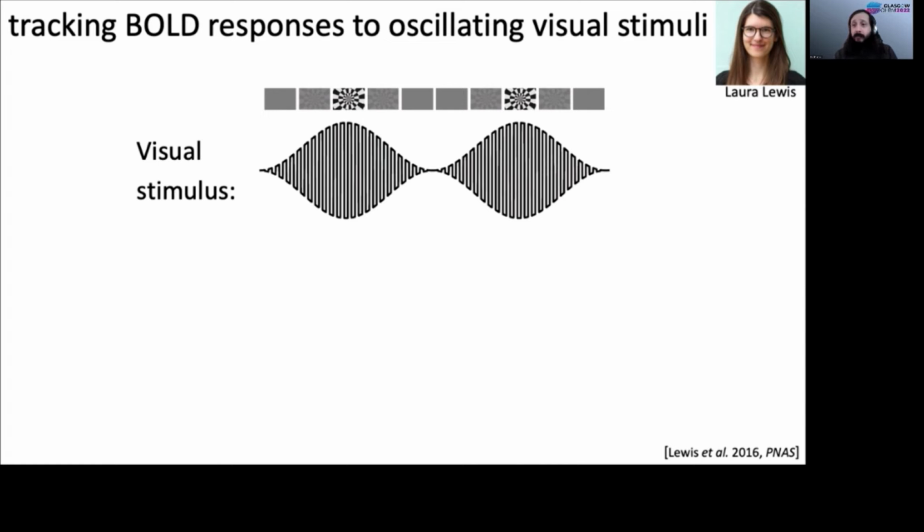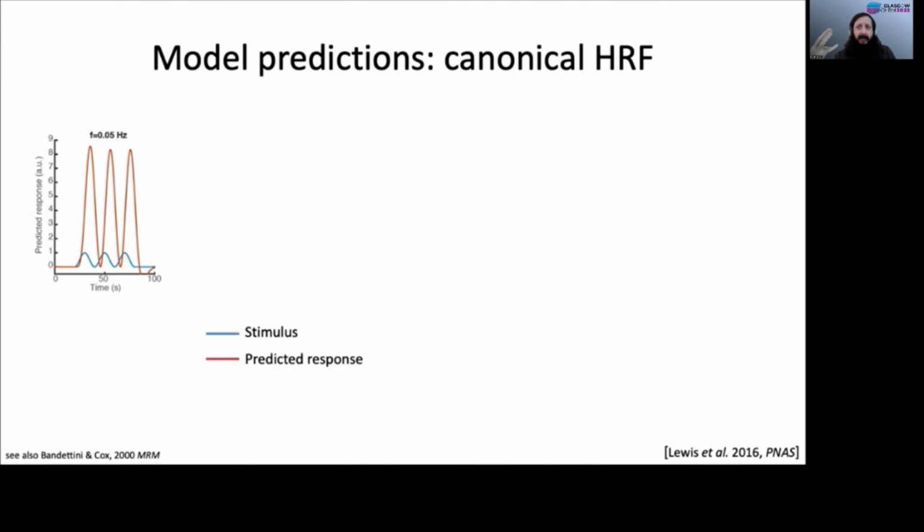So to track these BOLD responses, we acquired fast fMRI data with a short temporal sampling interval of around 250 milliseconds. So if we consider the predicted BOLD responses to the stimulus using a canonical hemodynamic response function, we see that at low frequencies, the predicted BOLD response clearly tracks the stimulus.